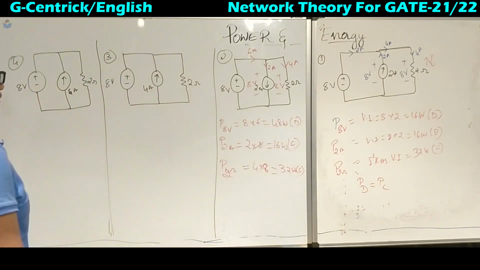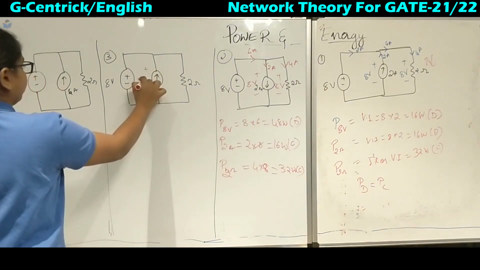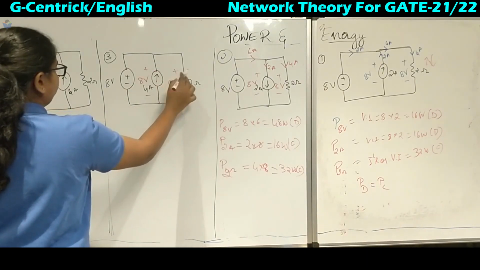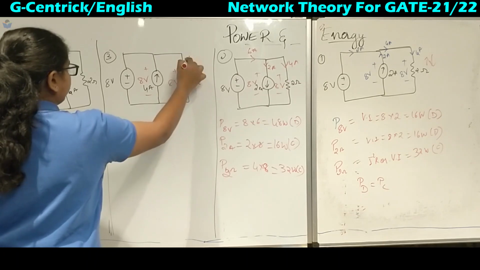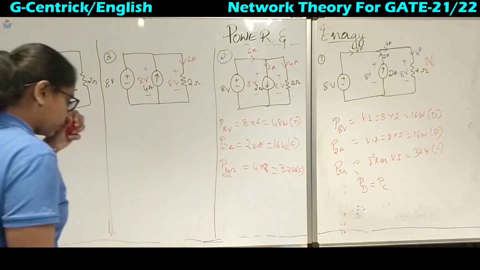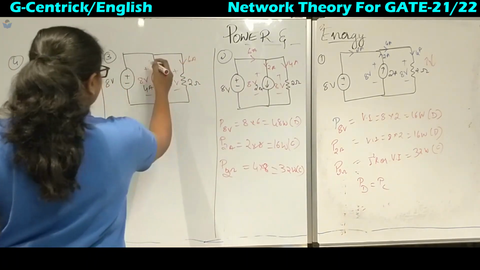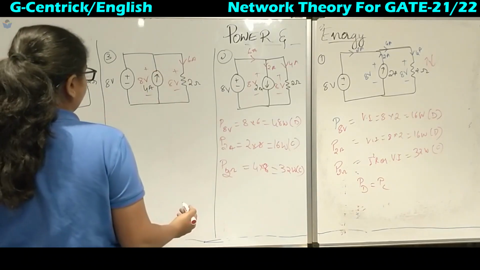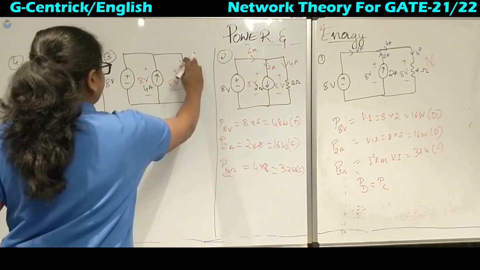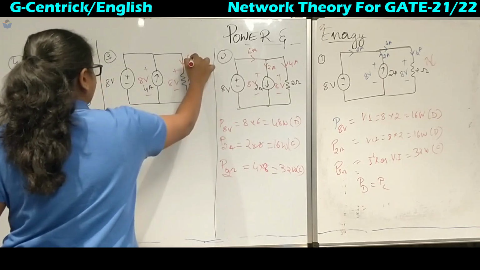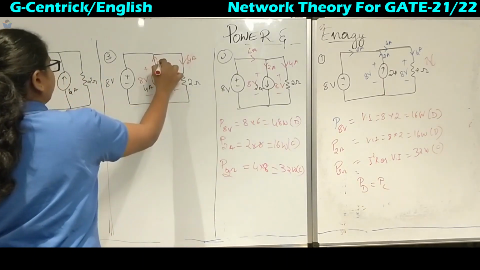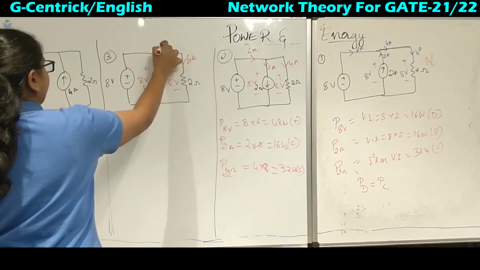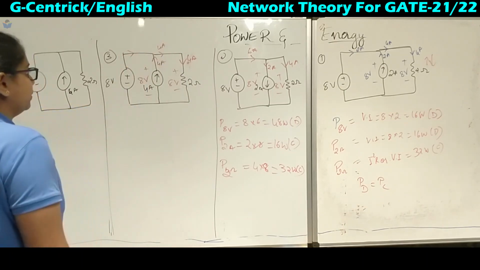Now across this again we have 8 volts, and this is passive, 8 by 2 is 4 amperes. So this is 4 amperes, and here 4 ampere is entering, here it is leaving. So what will be the current?